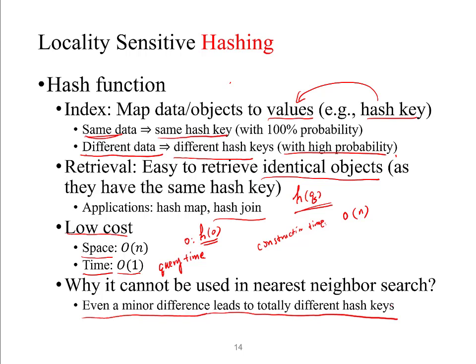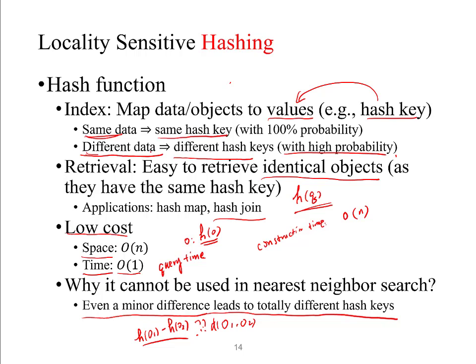Apparently different data would have different hash keys. Moreover, the distance between hash keys, say H01 and H02, has nothing to do with the distance between the objects.